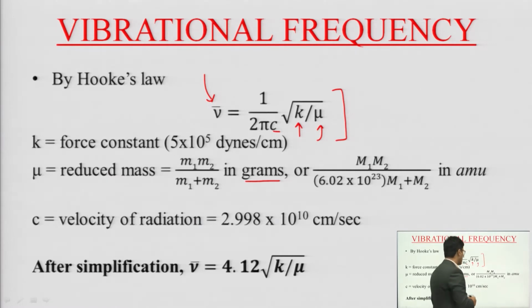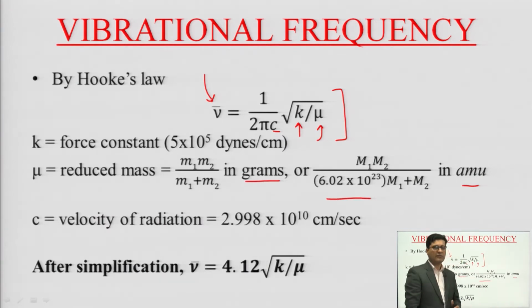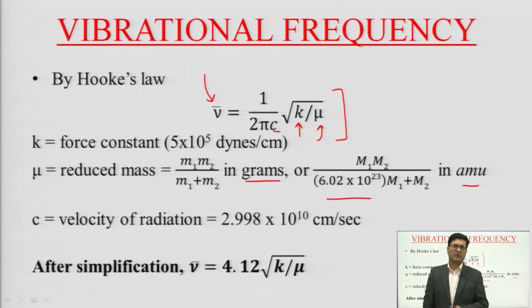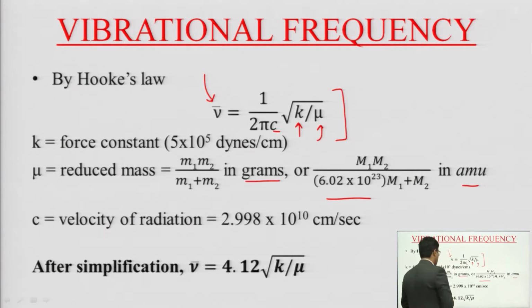To convert the gram unit into the AMU unit, we use Avogadro's factor, and the equation becomes m1 m2 upon 6.02 into 10 to the power 23 times m1 plus m2. c is the velocity of light, 2.998 into 10 to the power 10 centimeter per second.